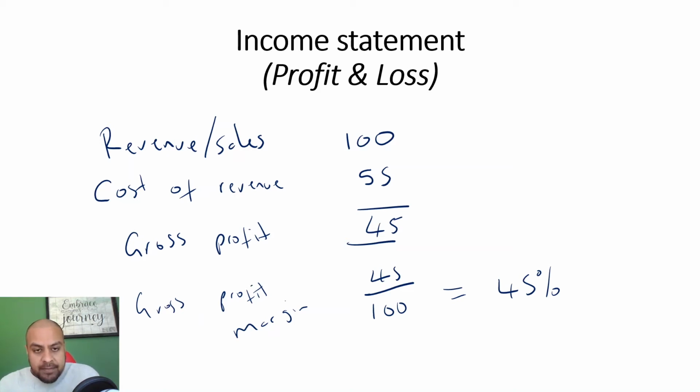The next bit that you'll see is the operating cost. So these are costs indirectly related to the revenue. So it could be things like staffing costs, the cost of electricity for our lemonade stand, the cost of any marketing that we've done. So what are known as operating costs.